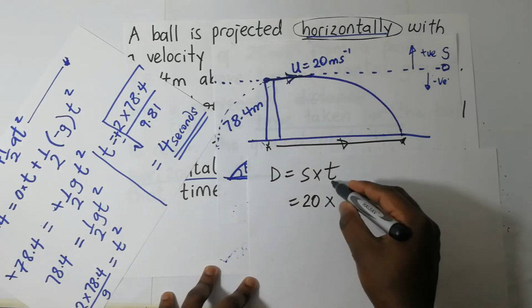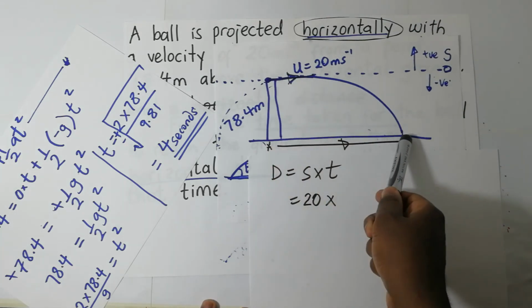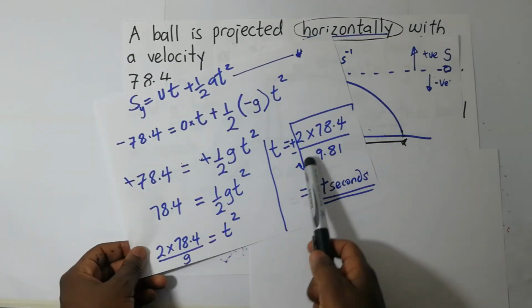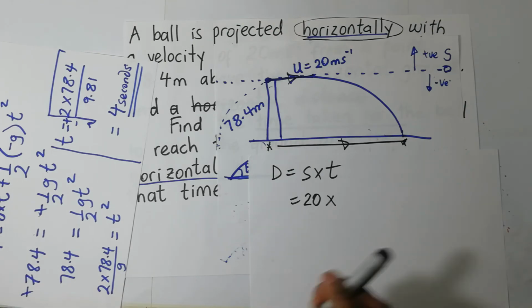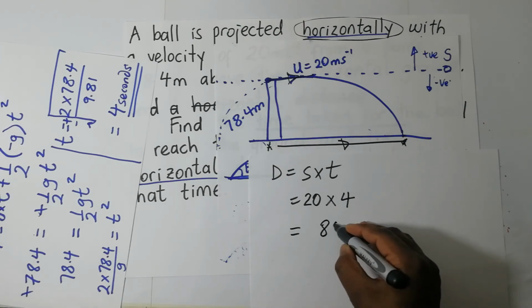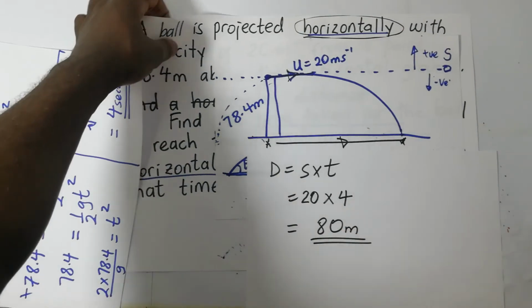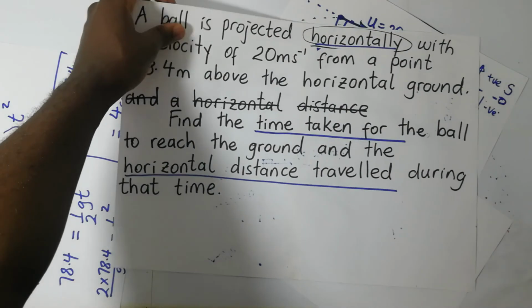Multiply that by the time taken. So what is the time taken for this thing to move from here up to there? We found the time taken in our previous calculation, which was 4 seconds. So it's going to be 20 times 4, and that is going to give us 80 meters. And so with that, we are able to answer that question fully.